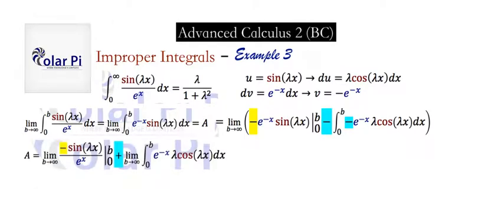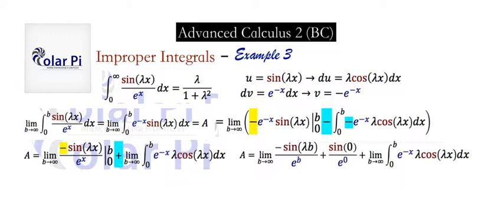And so simplifying a little bit, we can write A, which is all of this, like this. I've distributed the limit as b goes to infinity both to this part and then this integral part, so I have it here and here. Now, where to from here is the question. In this first part, we evaluate at b and 0.